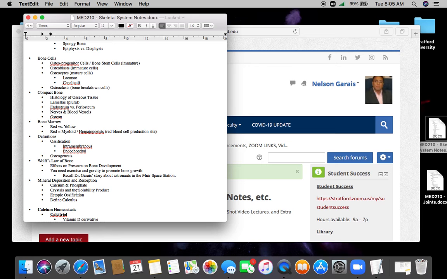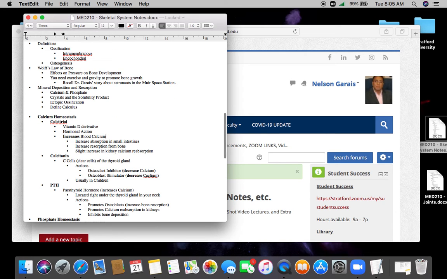We talked about calcium, phosphates, this stuff. I don't know why I talked about that before, but I don't find it too relevant now. But this right here, calcium homeostasis, look it up. Look at a video, but the way your calcium release and absorption is controlled in your bones is through calcitriol, calcitonin, and parathyroid hormone.